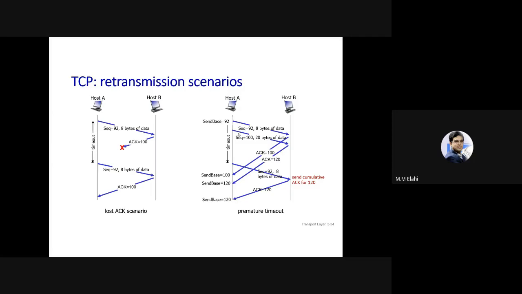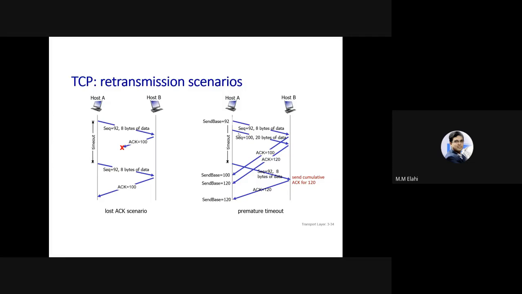In TCP, there is a significant difference compared to the previous approaches like go back N and selective repeat, where every packet has a corresponding timeout. Whenever a packet is transmitted, a timeout is set, doesn't matter how many packets are transmitted. So if 5 packets are transmitted, there are 5 timeouts, each one for each packet, and it's not a fixed timeout. So maybe packet 3 timeout is larger than packet 4 timeout.